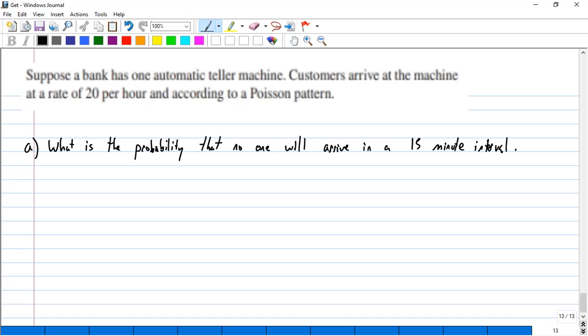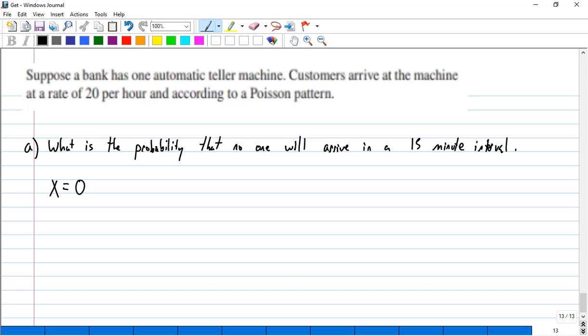All right, so X is going to be equal to, if no one arrives, what will X be equal to? 0. Okay. So X is the number of people that arrive in the 15-minute period or interval.